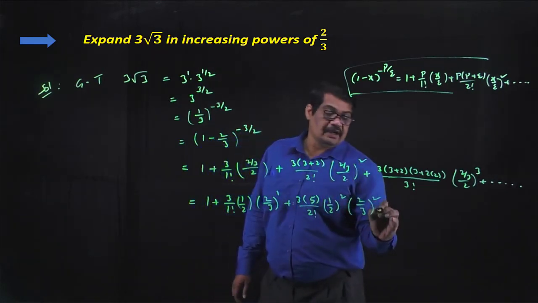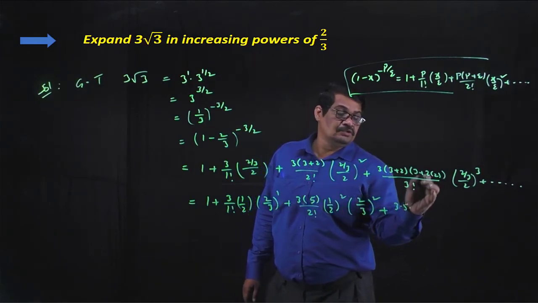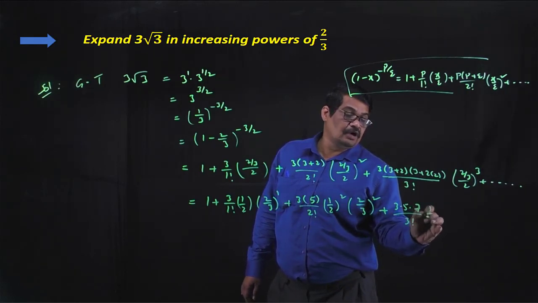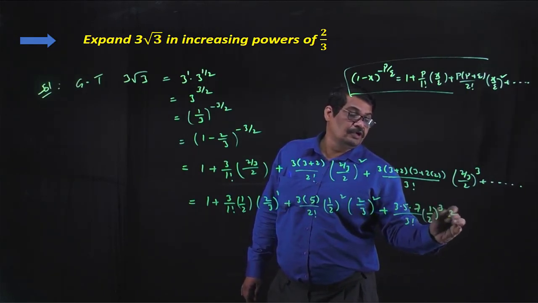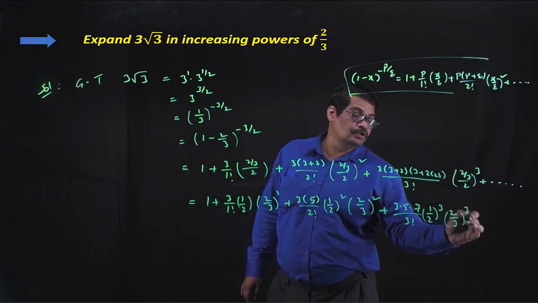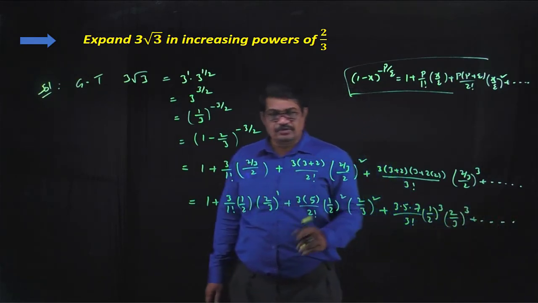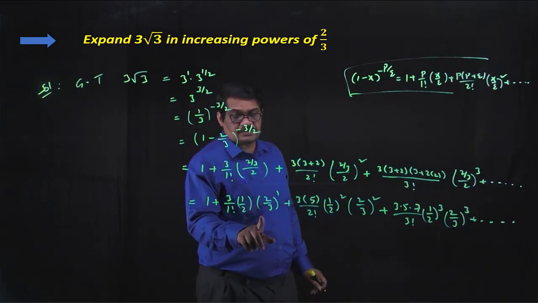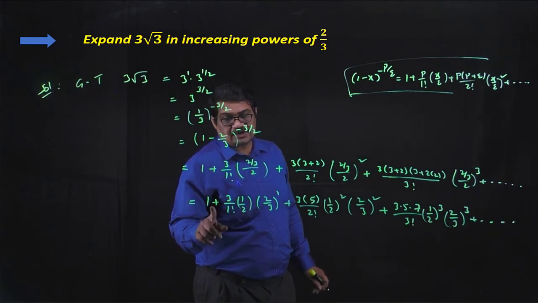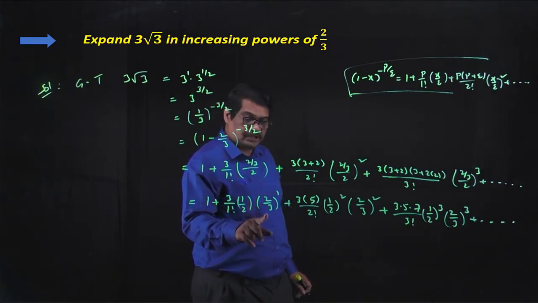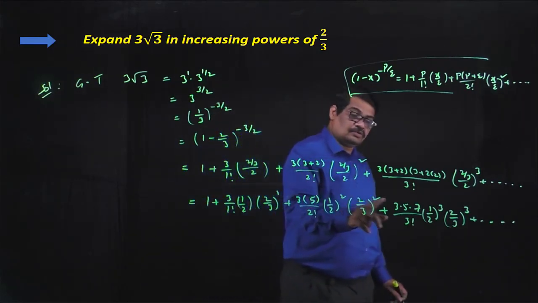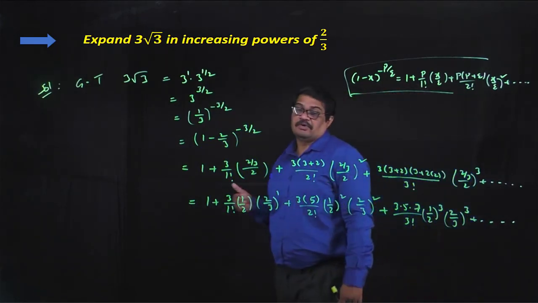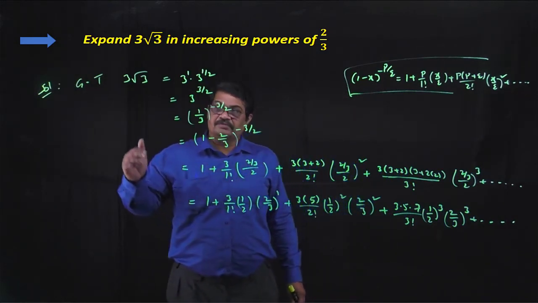Now this can be written as 3 into 5 into 7 by 3 factorial into (1 by 2) whole cube into (2 by 3) whole cube, and so on. So we are observing this is the series in increasing powers of 2 by 3: the first term has 2 by 3 power 0, then 2 by 3 power 1, power 2, power 3, and so on. So this is the increasing power of 2 by 3 of this series.